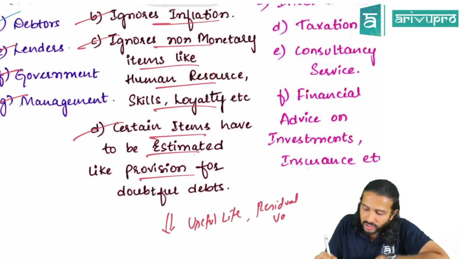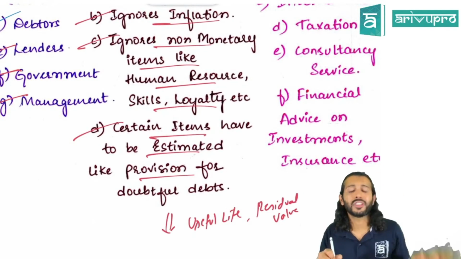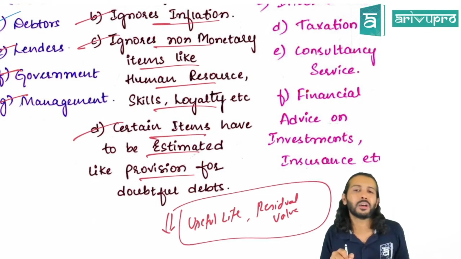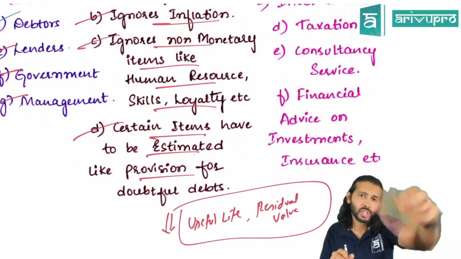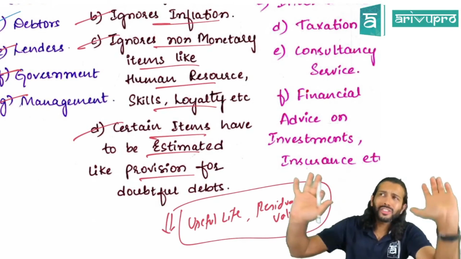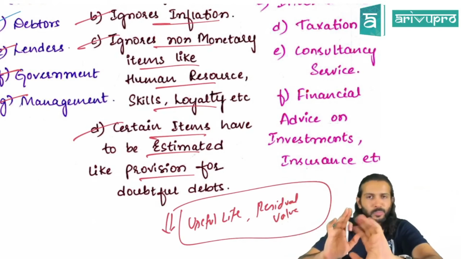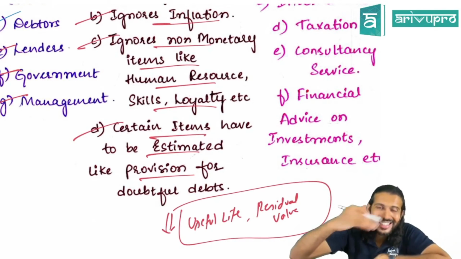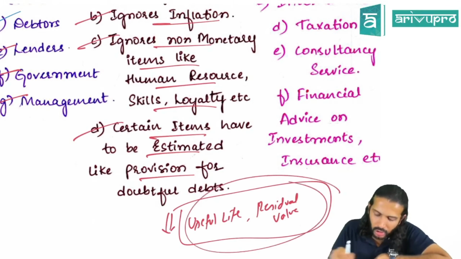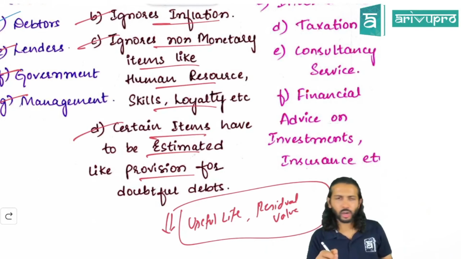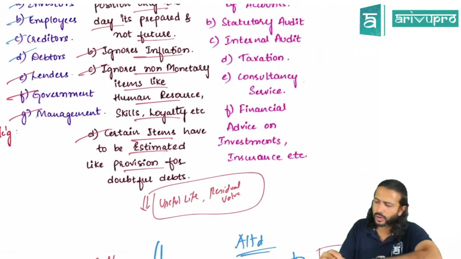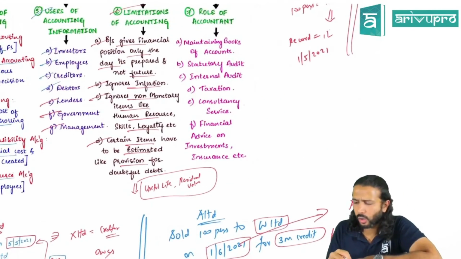These are not precise numbers. They are just estimated numbers. Estimates can change. So accounting records are not totally foolproof, not 100% accurate. There are certain limitations also. We learn about all this when we get to depreciation, a separate topic. Some of you may know it, hence I've just brought it out here. These are some limitations of accounting which we generally see.